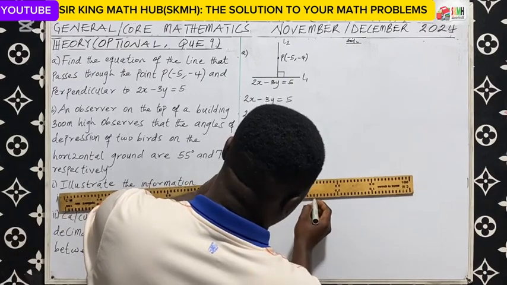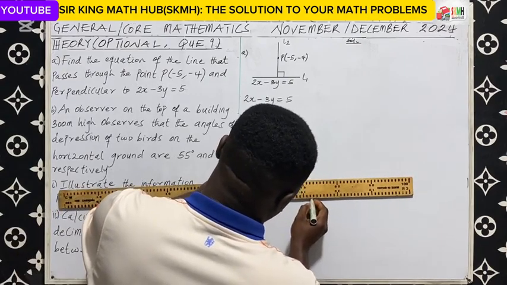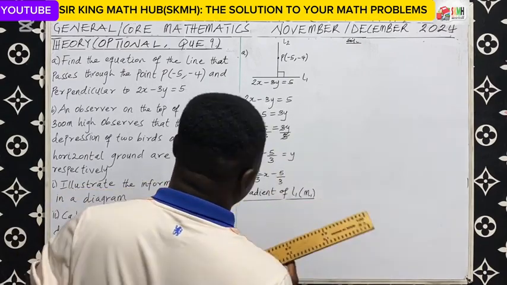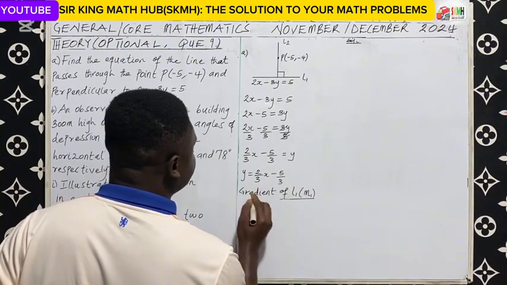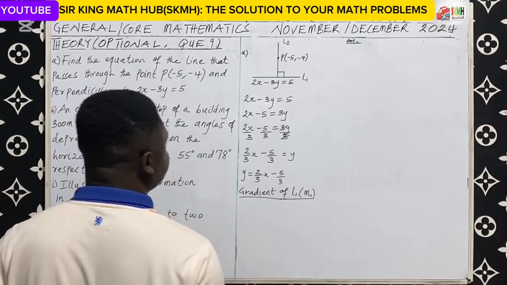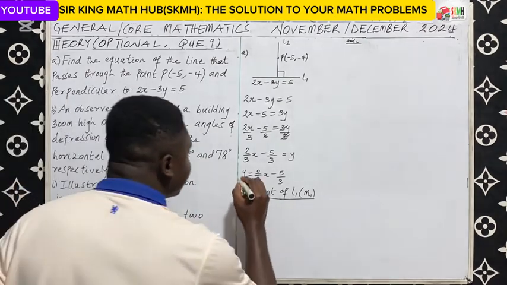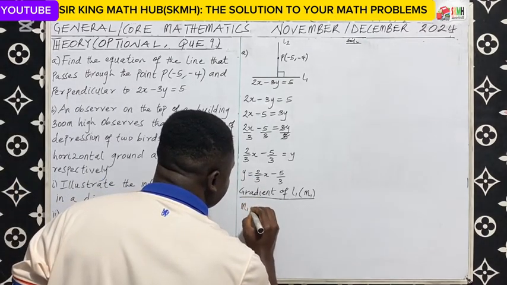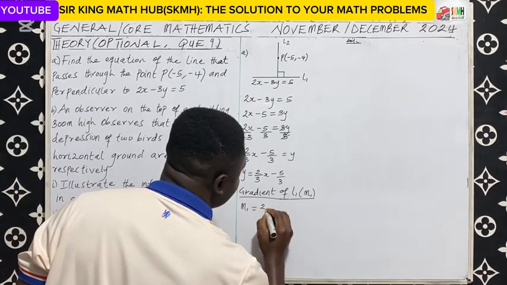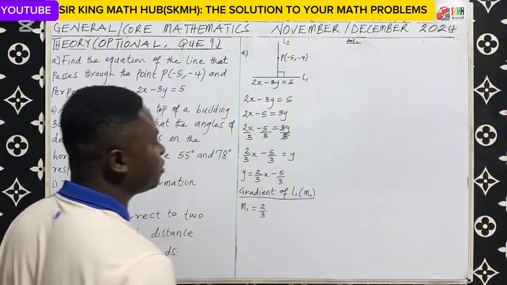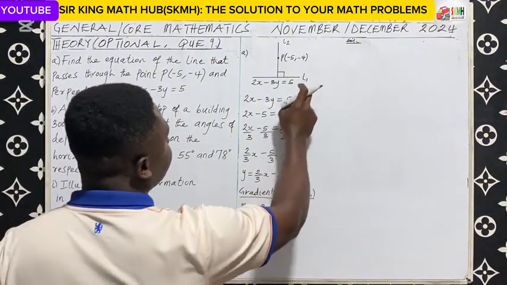The gradient of line 1 is the coefficient of x after making y the subject. So after making y the subject, what is the coefficient of x? 2 on 3. So that is the gradient of line 1.